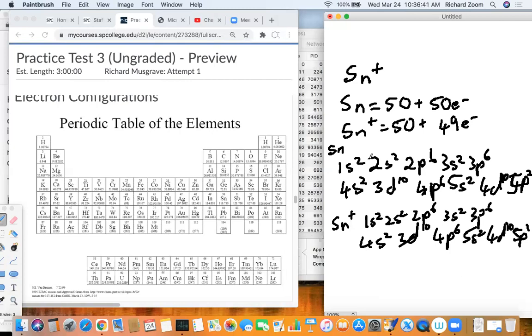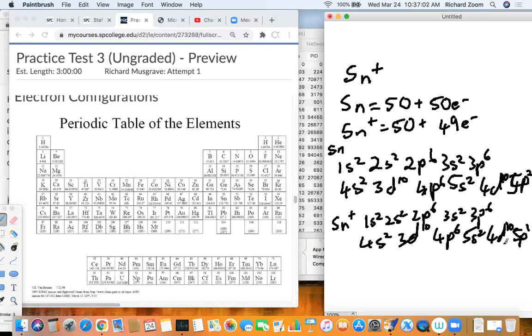Now, one other thing, in the quiz, not the test though, it looks like I probably should have had more questions about this in the test, but one of the questions it asks would be about how many unpaired electrons Sn, let's say Sn+, might have.